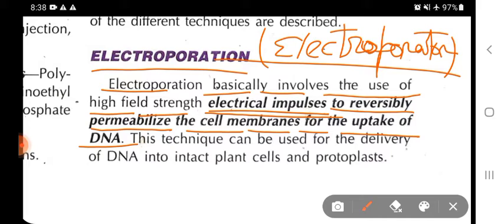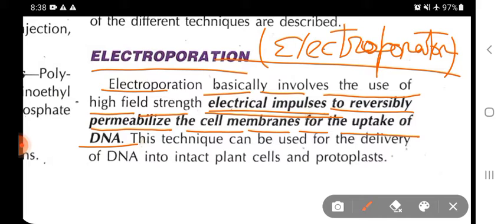A high field electric impulse can be generated within a few microseconds to temporarily permeabilize the plasma membrane of the protoplast, or in the case of animal cells the plasma membrane of the animal cells, and we deliver our desirable DNA through those pores.